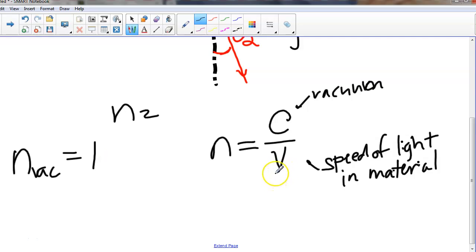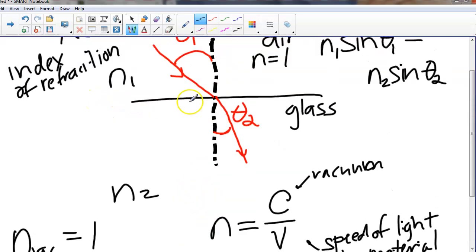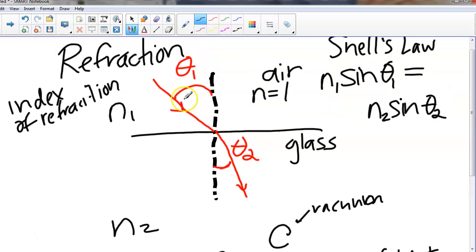But in glass or water or things like that, v is less than c. That light actually slows down, which is why we see a change in the angle here. So another way to think about this, sort of going back up to our angles, is the light slows down here as it comes into the glass in this case.